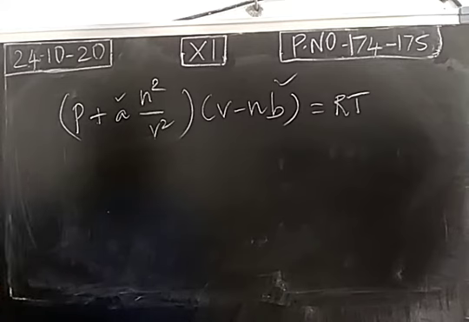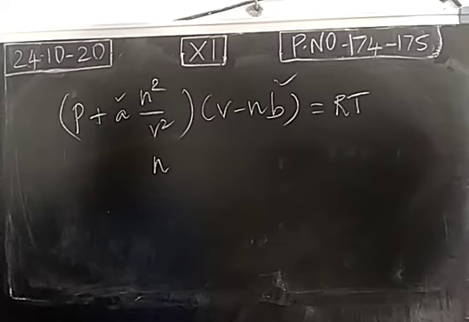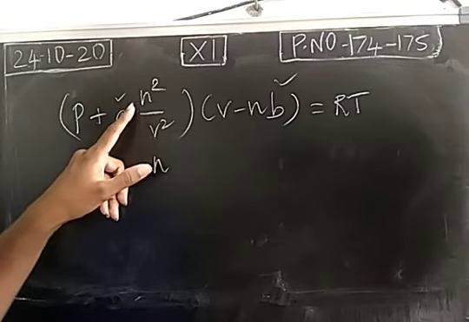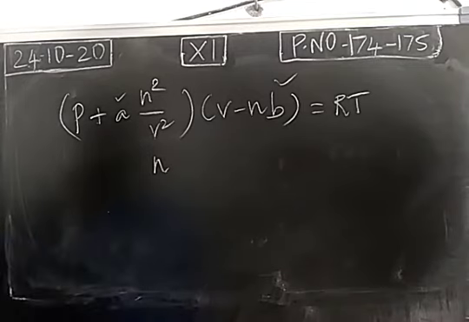This is the van der Waals real gas equation for n mole of gaseous molecules. How many moles of gas are considered? n moles. So here we use n, as well as in the volume correction also we have used n. So this is the van der Waals equation for n mole of gaseous molecules.